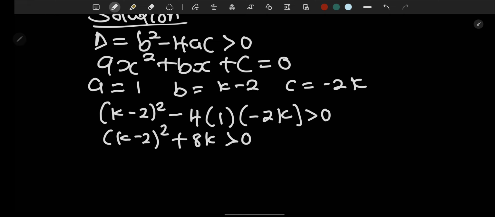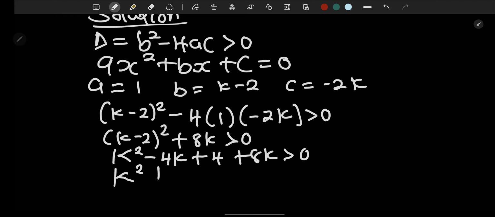The next thing to do is to expand (k minus 2) squared, which gives k squared minus 4k plus 4 plus 8k greater than 0. Rearranging, minus 4k plus 8k gives plus 4k. We therefore have k squared plus 4k plus 4 greater than 0.